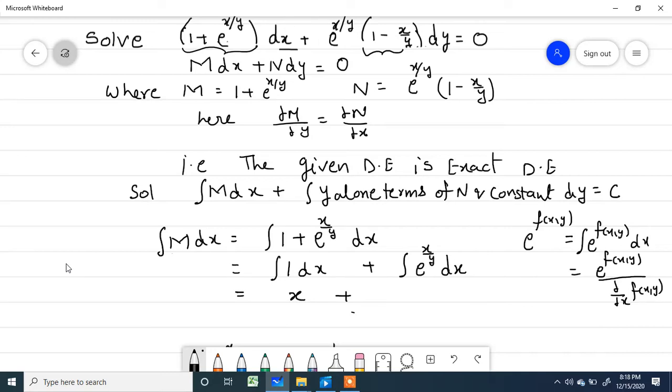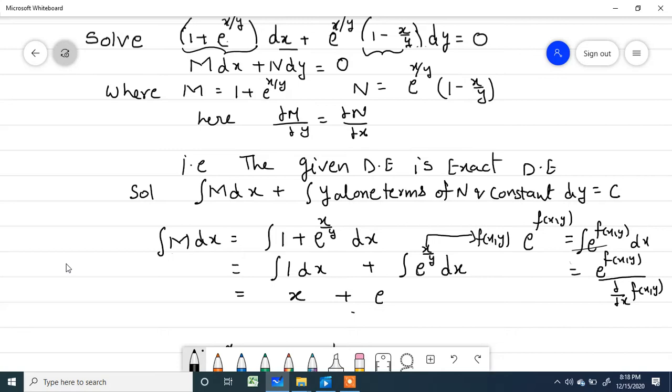So it is in the form e power some function. So whenever you have e power some function, to integrate this, we use this formula. Okay, so using this, what is this formula? E power f of x comma y. Here f of x comma y is x by y.